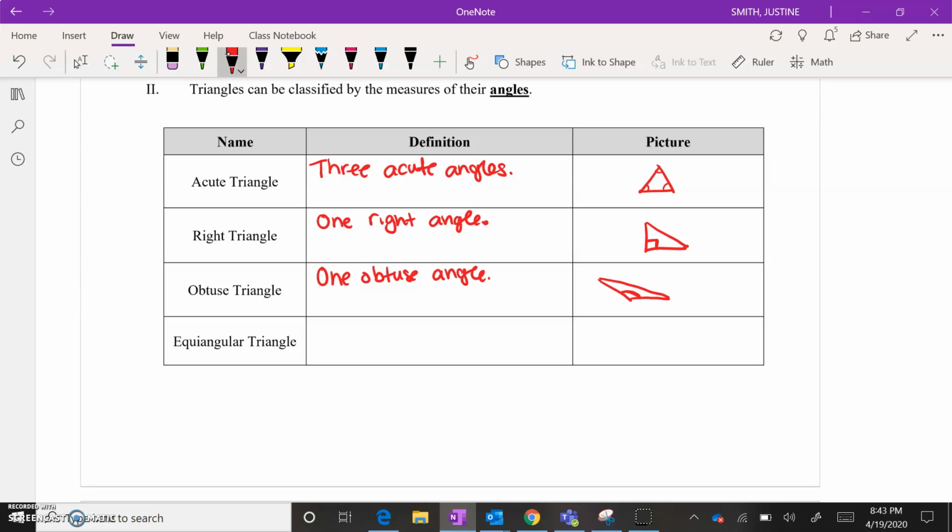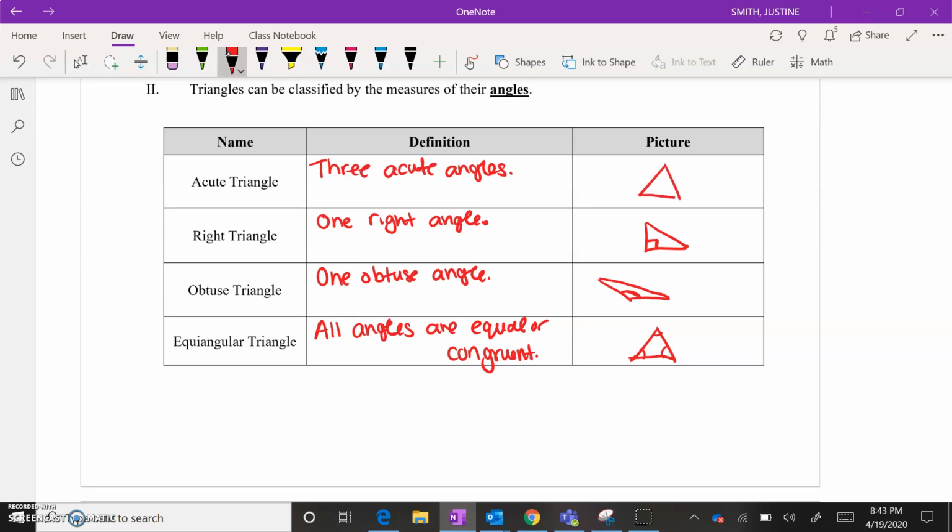And an equal angular triangle is all angles are equal or congruent. Okay, so if I have an equal angular triangle, all of my angles here would be congruent. So actually, sorry, my acute triangle, you don't need markings on.